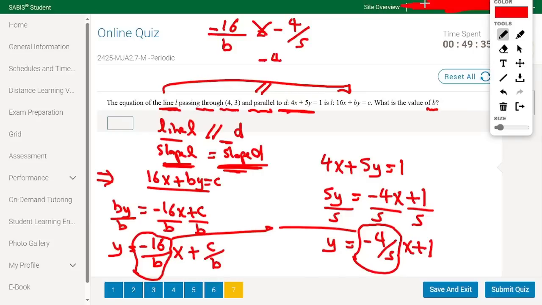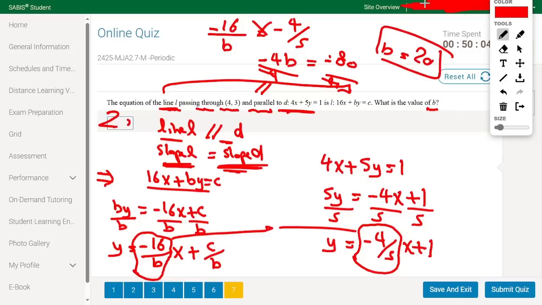So we'll have minus 4b equal to minus 16 multiplied by 5, equal to minus 80. So divide by minus 4, divide by minus 4, so b will equal 20. So the answer here will be 20.